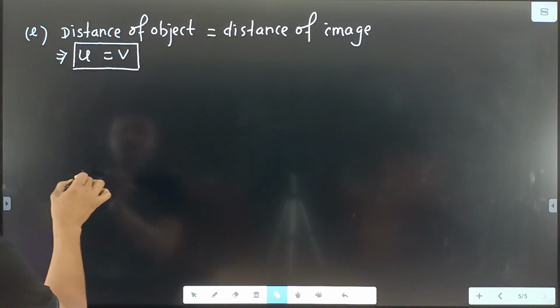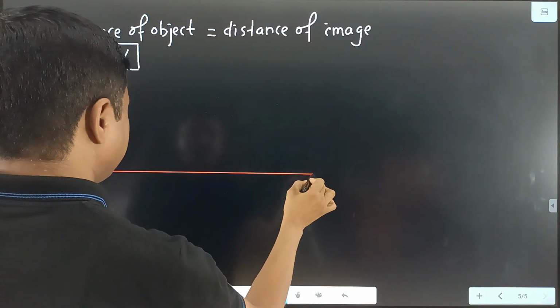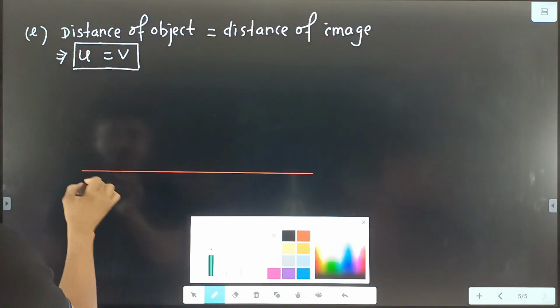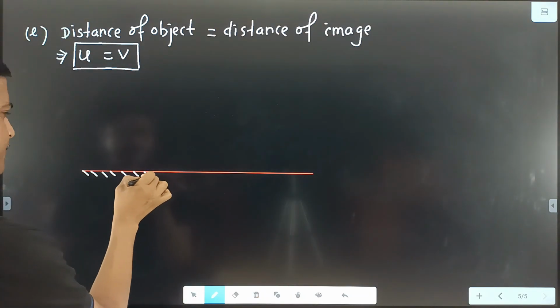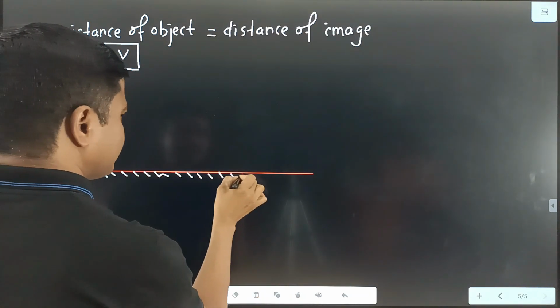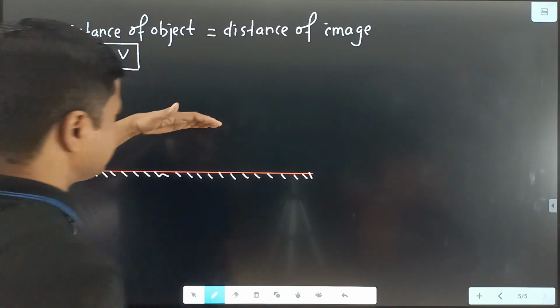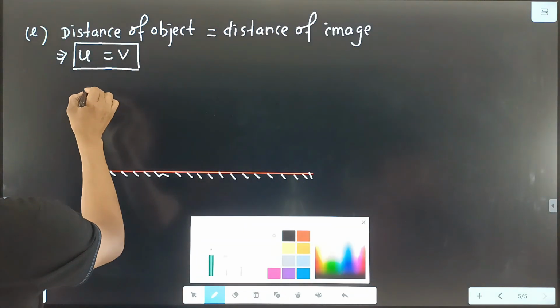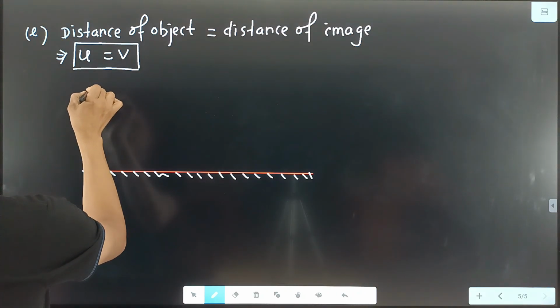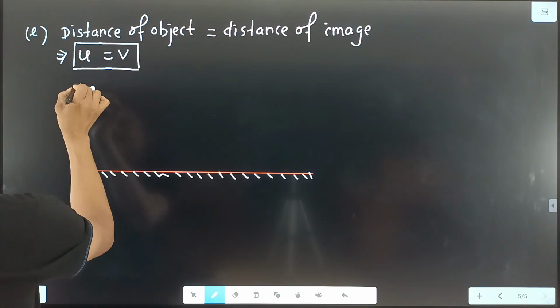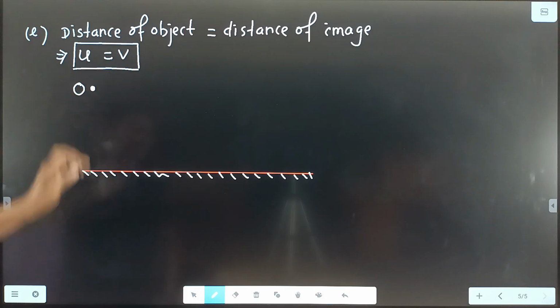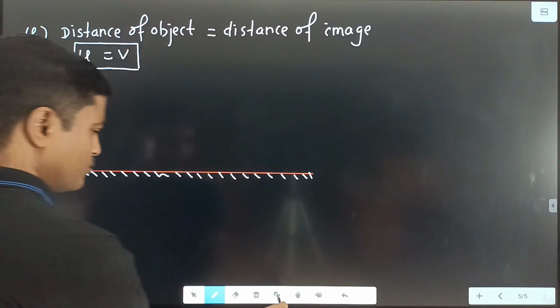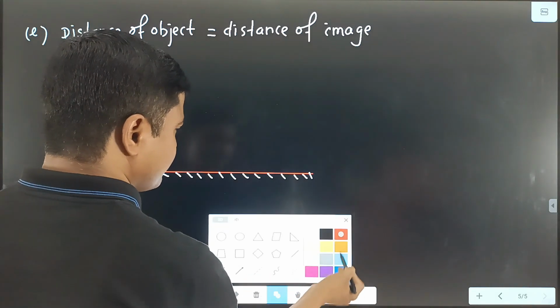Suppose this one is your plane mirror, and the lower surface is coated with silver, and the upper surface, this side, is a reflecting surface, and this is the position of the object. For the position of the object, we write, suppose, that is O, that means the source is situated at this point. And here also two incident rays are there.